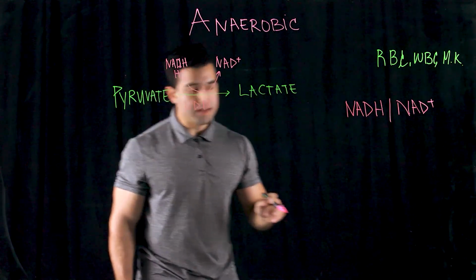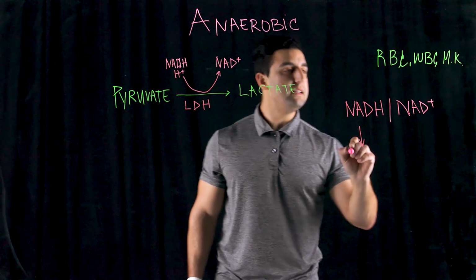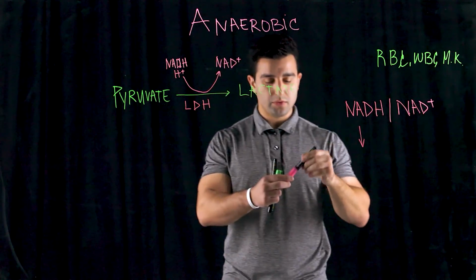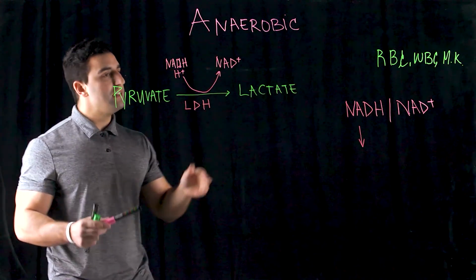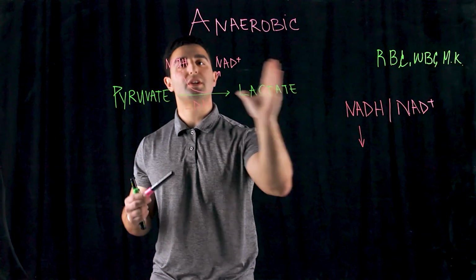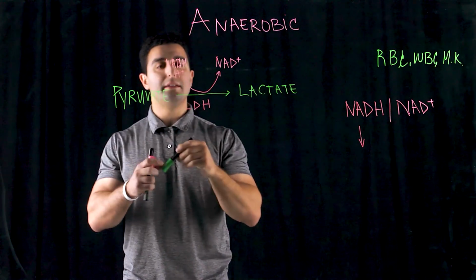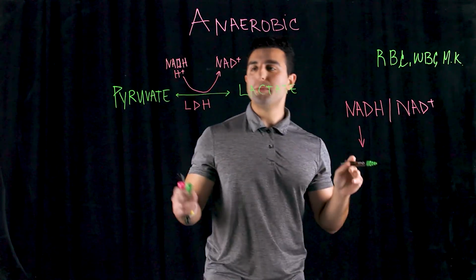When we have a very low NADH to NAD positive ratio, this causes the lactic acid. Basically, the whole purpose of this is to show the direction of where everything is going. What's unique about this process is that it is reversible.